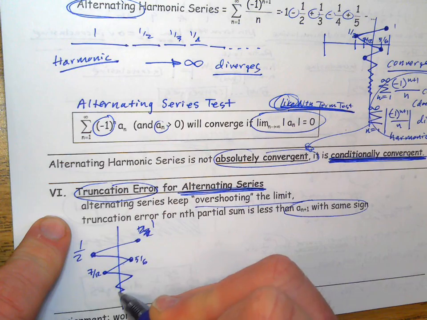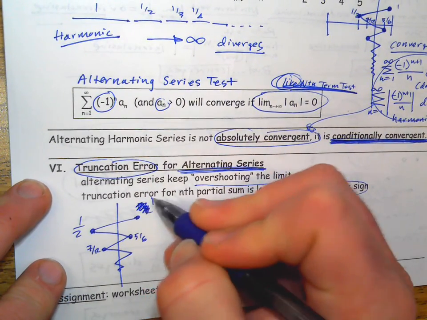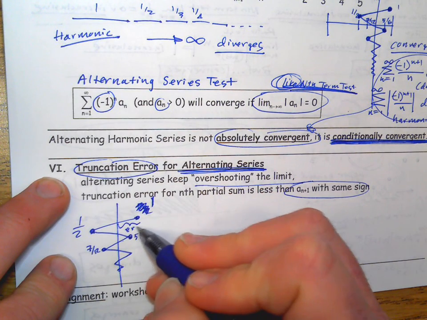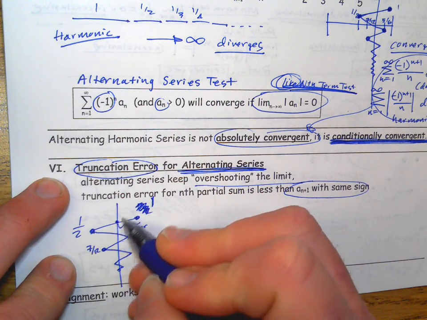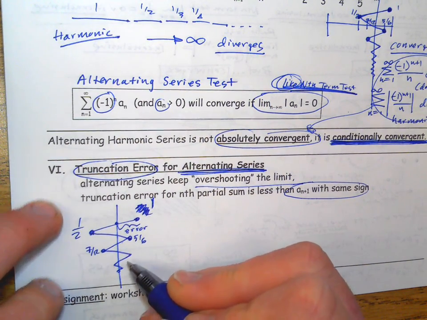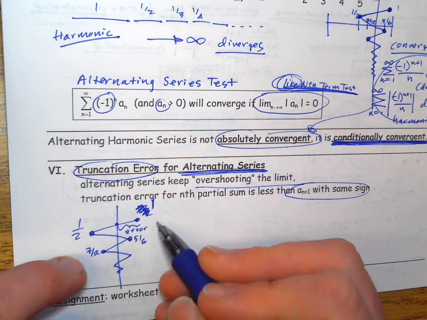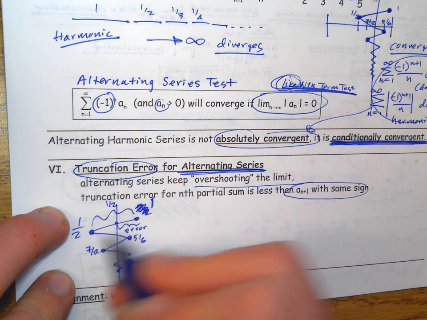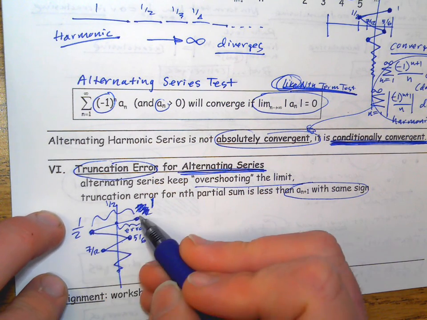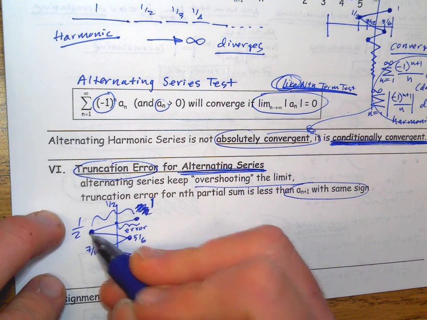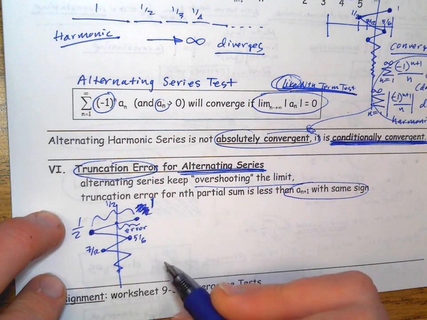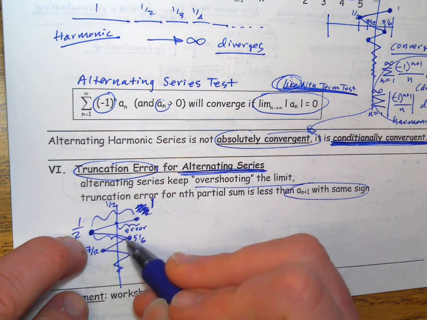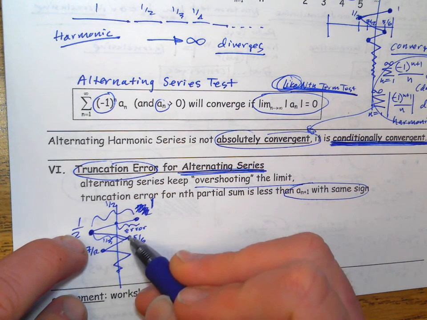So it keeps going back and forth, right? Now, if we just take the first one, then this right here represents the error. It's over what we're eventually going to converge to in the end. Now, here's the thing I can say for sure: that is less than the next term. The next term was -1/2, which brought you to here. And this error was for sure less than that, right? And then the next term was 1/3, and that brought us back to here, right?